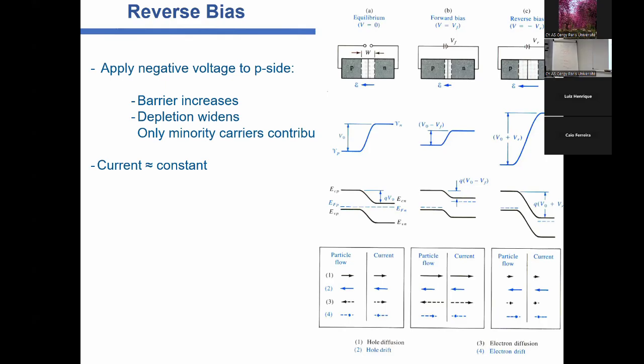So negative charge to the P side, what will interfere in terms of energy level?